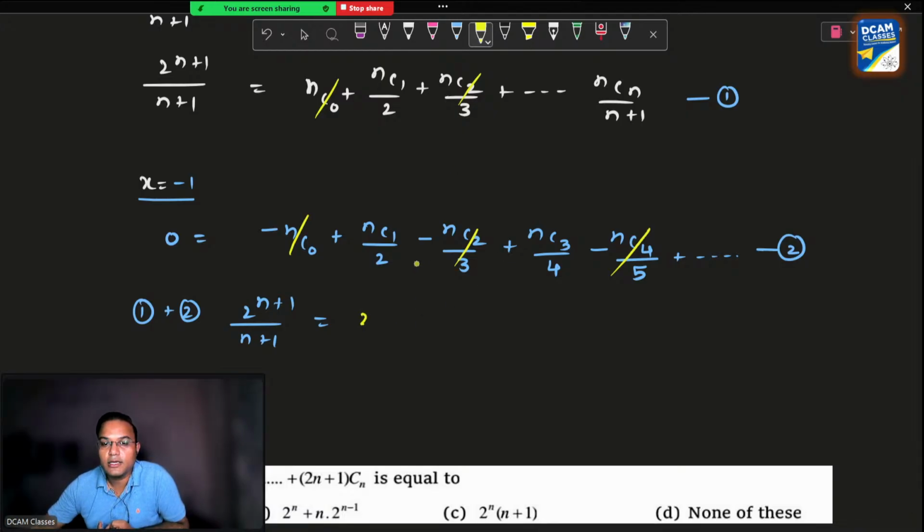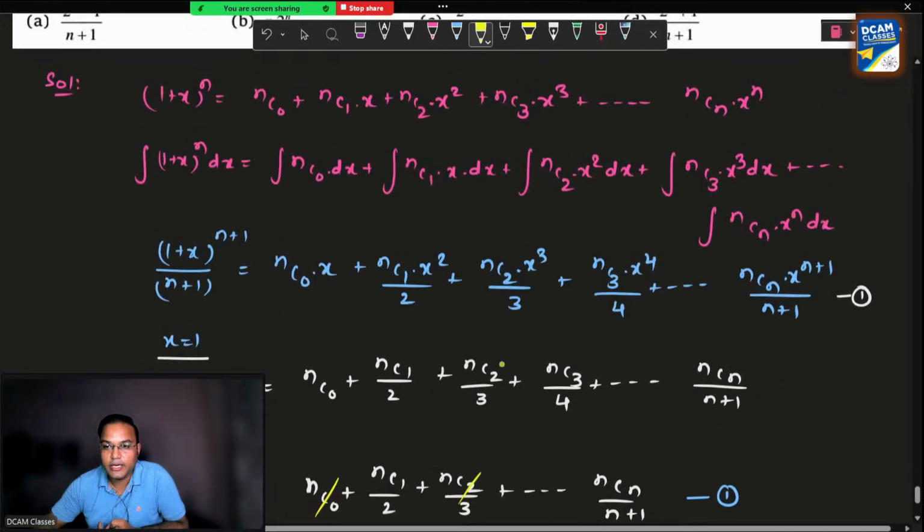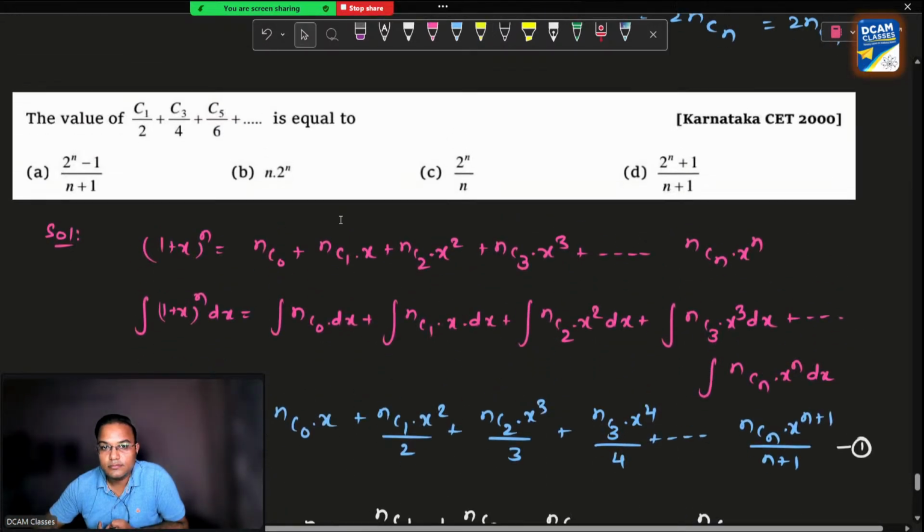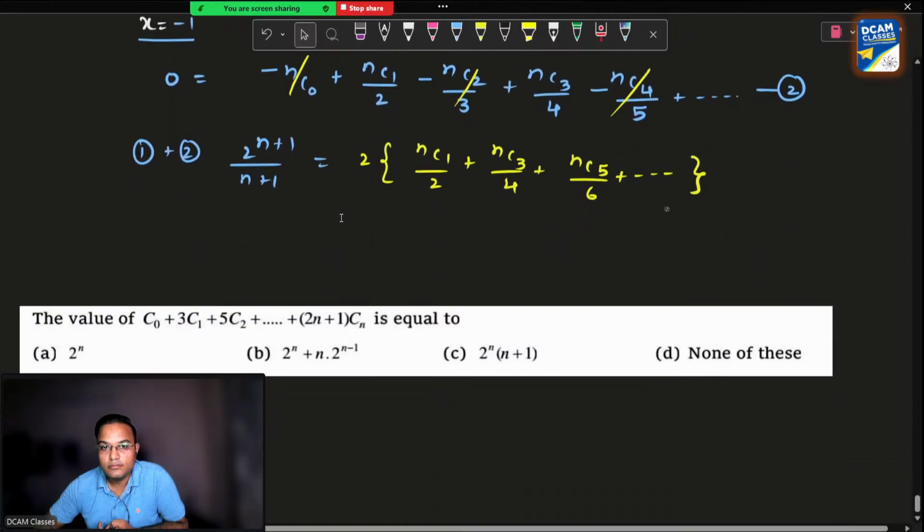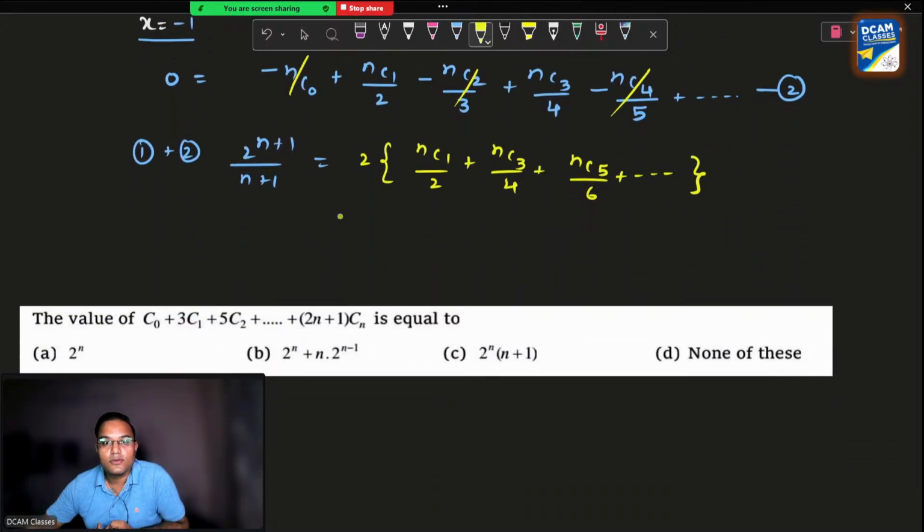So we'll get 2 into nC1 by 2 plus nC3 by 4 plus nC5 by 6, and so on, the sum that they require actually. So you will be getting 2 power n plus 1 by n plus 1 divided by 2. So 2 power n by n plus 1. This answer you are getting?